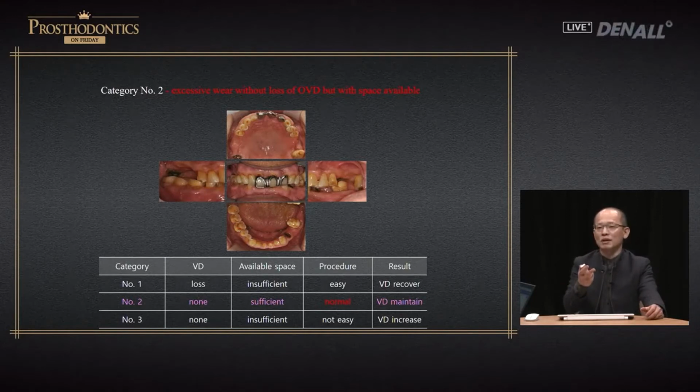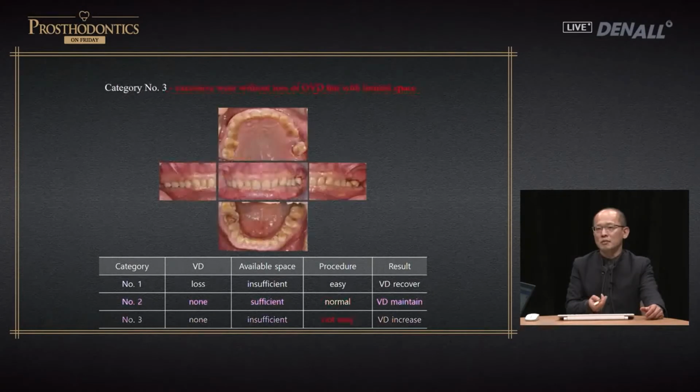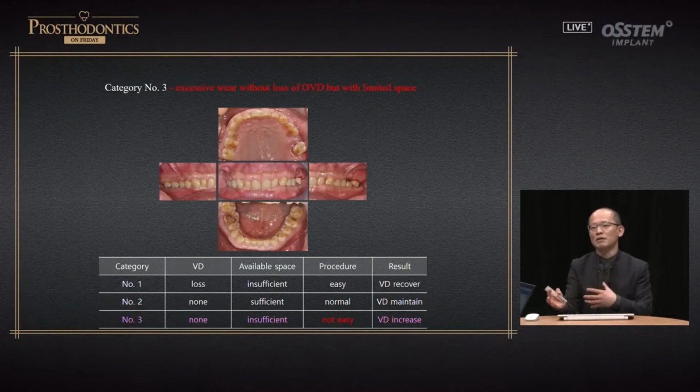For number 1 and number 2, number 2 is a bit trickier than number 1, but the patient's compliance is still easy. But for the number 3 category, there are teeth, but a lot of wear, long-term wear. Here, you need a lot of VD increase, otherwise you will not get rehabilitation. So you need sufficient VD increase.